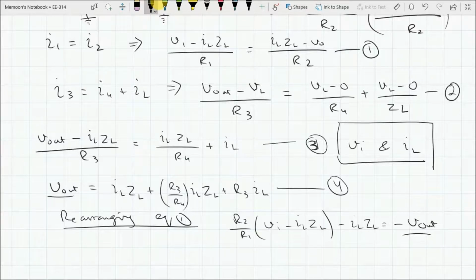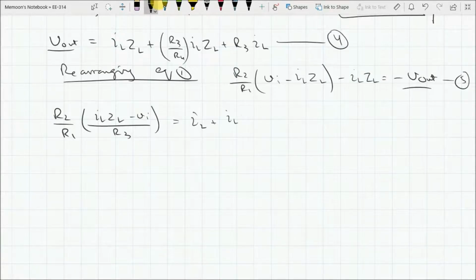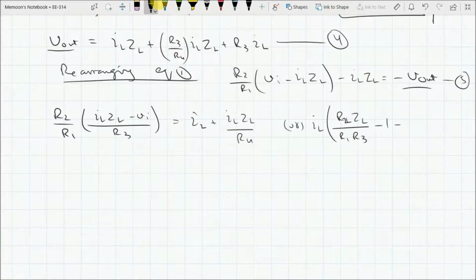Put the value of V out from equation 5 in equation 4 and you will get R2 over R1 into ILZL minus Vi over R3 is equal to IL plus ILZL over R4, or you can say IL into R2ZL over R1R3 minus 1 minus ZL over R4, and that is equal to Vi R2 over R1R3.